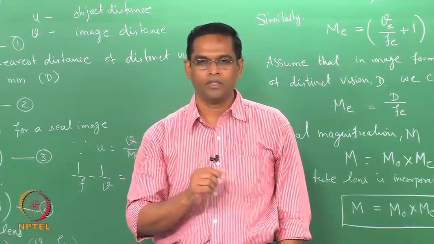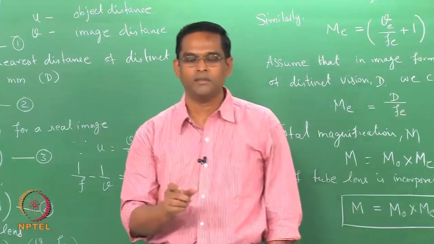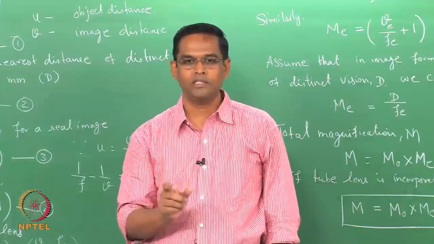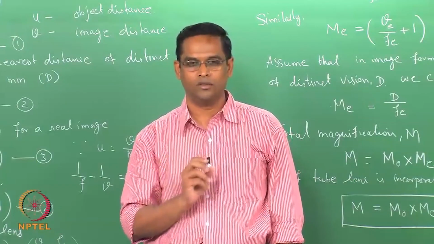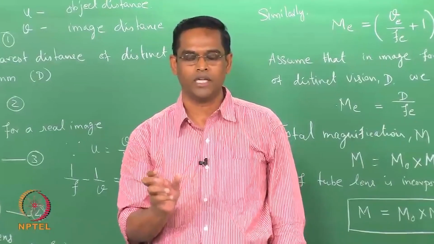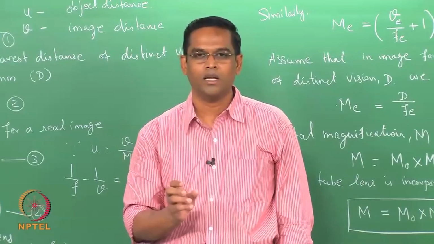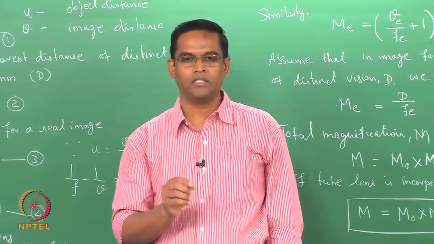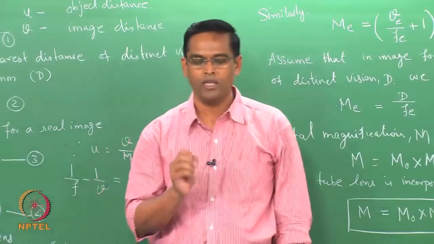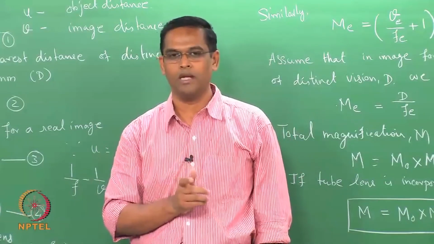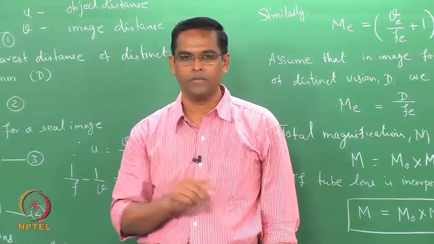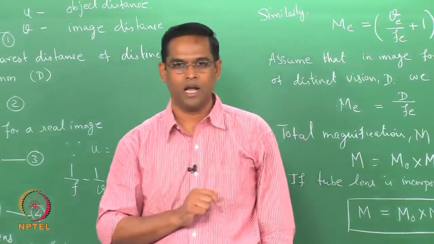So, how you will be able to distinguish two self luminous light sources which can come close together. As I said, that is a fixed number, that is 0.61 times lambda by beta. The lambda is the wavelength, beta is the semi aperture angle.